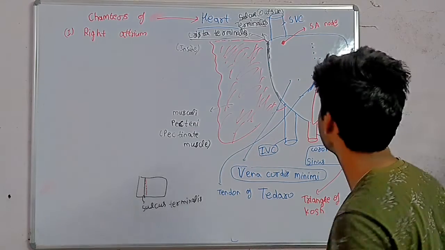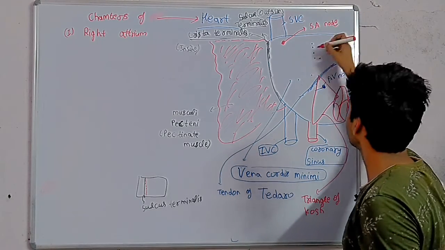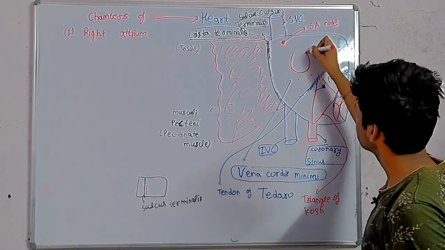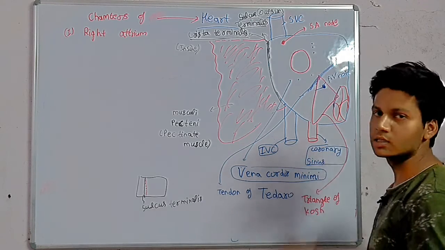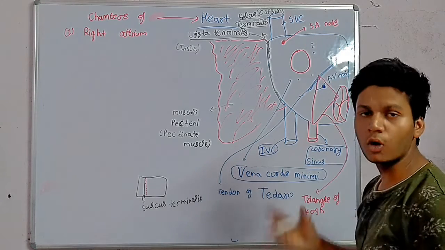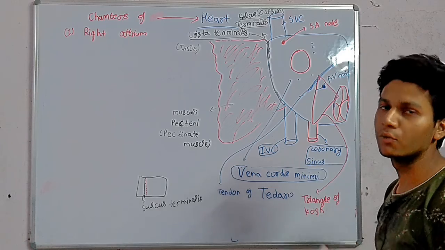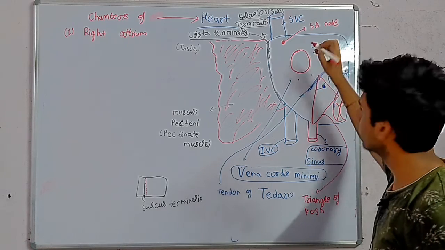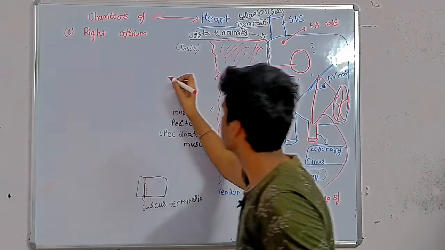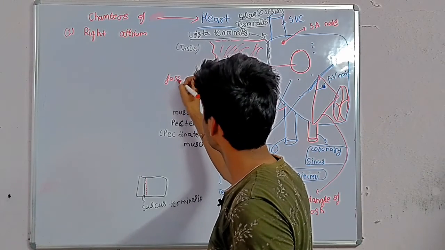Some other important features: there is another small hole, the fossa ovalis. Before birth it is open and helps in fetal circulation, but after birth it is closed, and this is called the fossa ovalis.